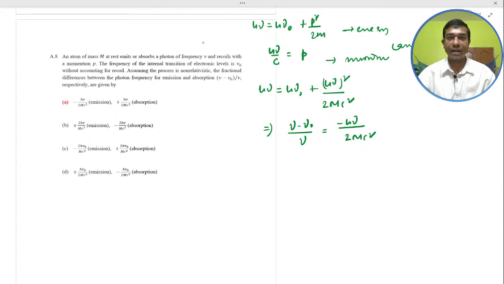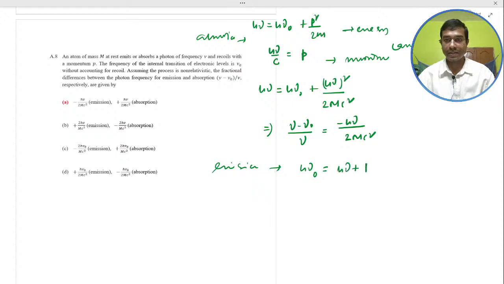So this is the absorption. The emission will become: the energy conservation h nu naught equal to h nu plus p square by 2m. So put this value: h nu naught equal to h nu plus p, meaning h nu, whole square divided by 2m, meaning 2 mc square.